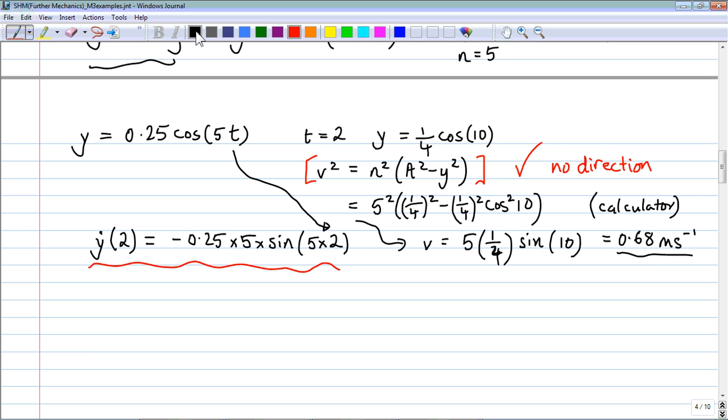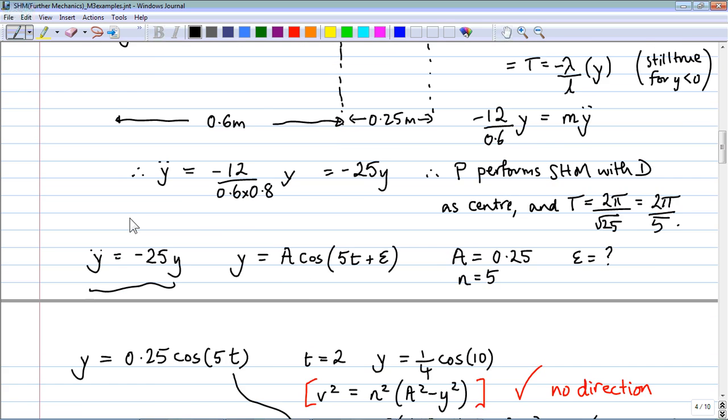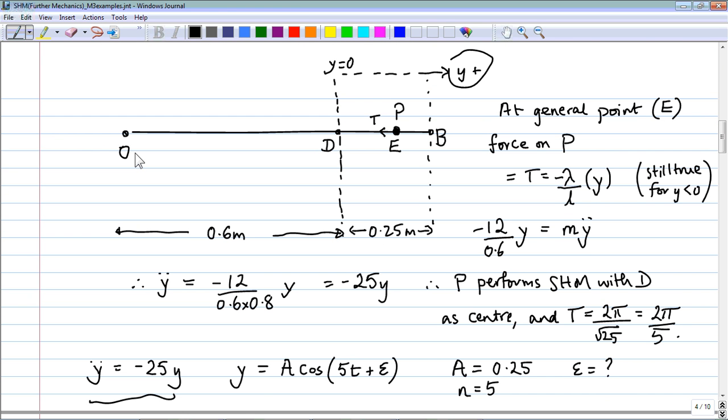Now don't jump to conclusions. You see a minus sign here, you might think, oh, it's negative, so it's going to the left. Remember, our diagram looked like this. After 2 seconds, we know that the period is 2 pi over 5, which is slightly more than 1 second, isn't it?